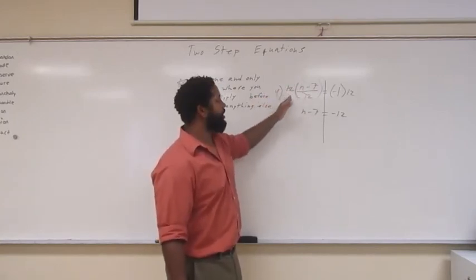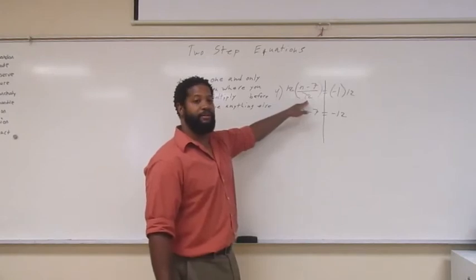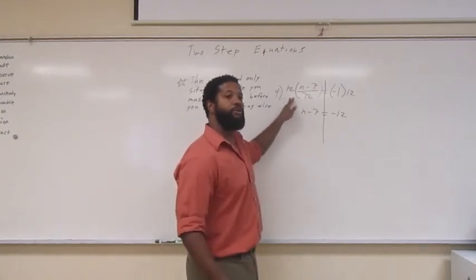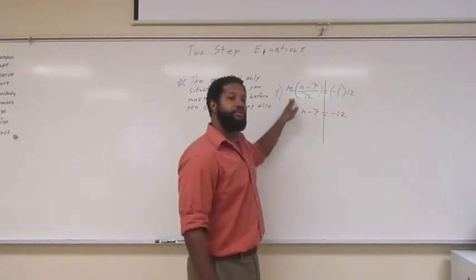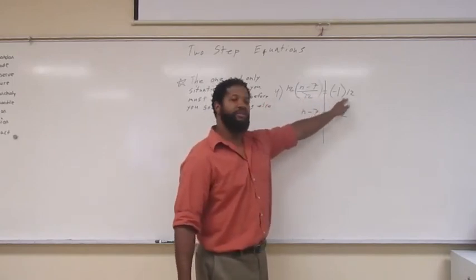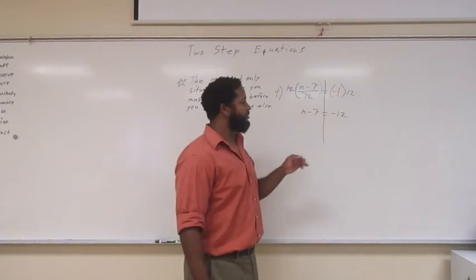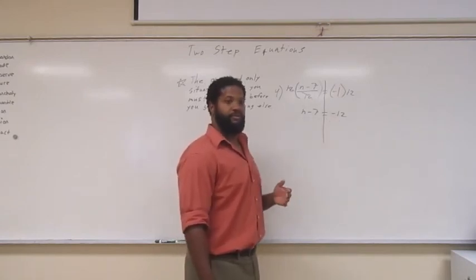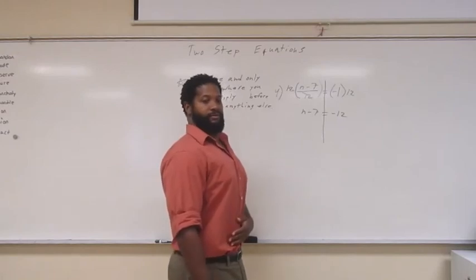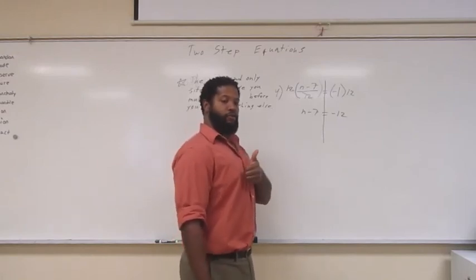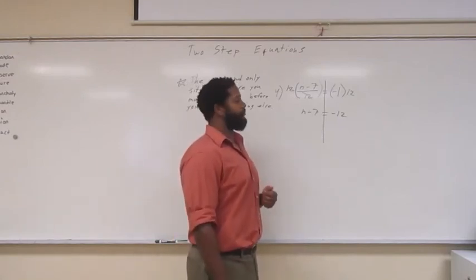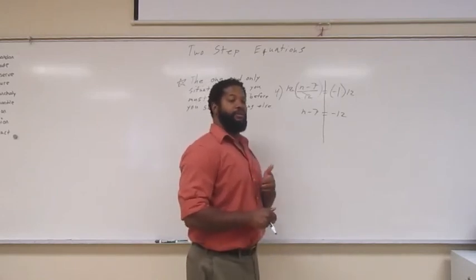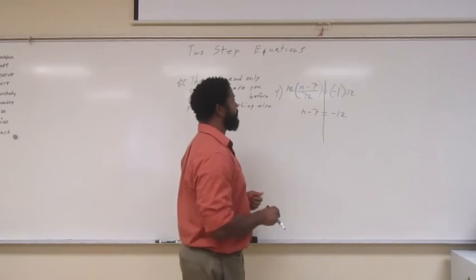So we must multiply, right? Get rid of the denominator. So you always multiply the denominator, and what you do on one side, you must do together. So therefore, what's negative 1 times 12? Negative 12. Because the 1 is a negative, and that transfers the negative down to the answer. If the 12 is a negative, then you get a positive, because a negative with a negative is positive.